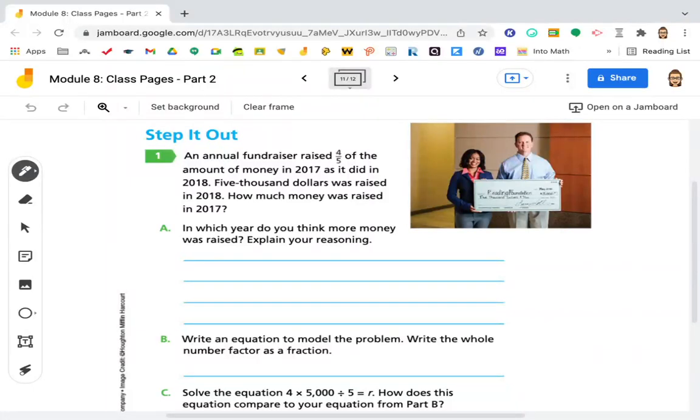Well, again, it raised 4/5 of the amount of money in 2017 as it did in 2018, which means that 2018 would have the most amount. So more money was raised in 2018.